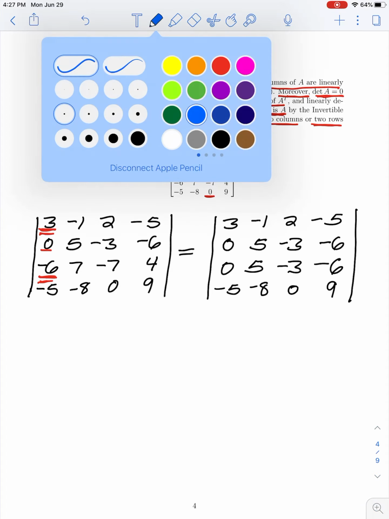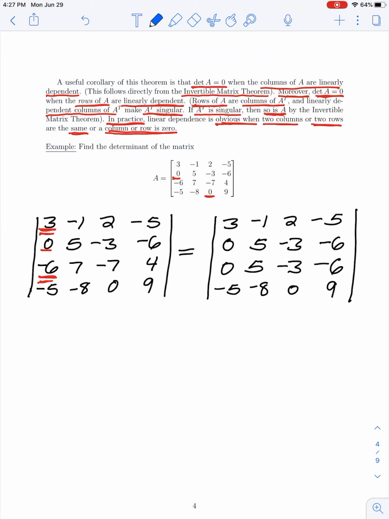But at this stage, after performing that first step in our row reduction, we see that our second and third rows are identical. So if we have two rows or two columns of a matrix which are the same, that means that the vectors which form those two rows or columns are linearly dependent.